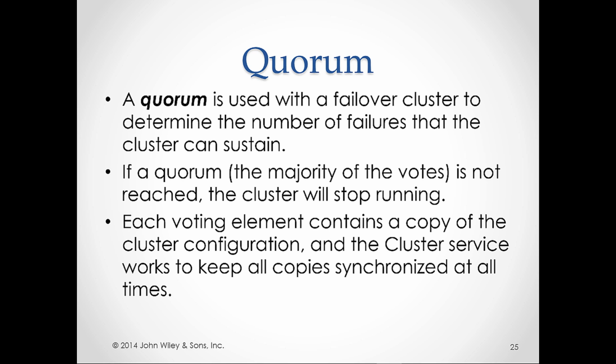If you have an odd number of votes, the quorum witness does not have to vote, and if you have an even number of votes, the quorum witness has a vote. In addition, if the witness resource is offline or is failed, the cluster sets the witness vote to 0, or no.